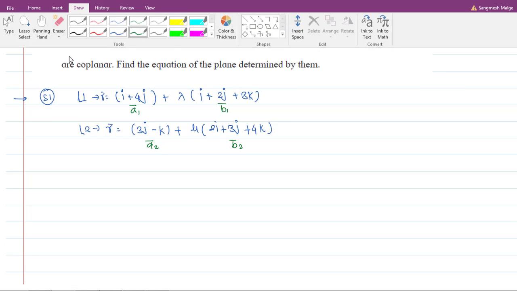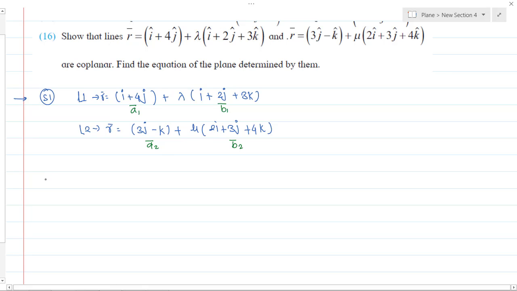Now, what is the condition when the two lines are coplanar? It is very simple: a1 bar dot b1 bar cross b2 bar should equal a2 bar dot b1 bar cross b2 bar. If this condition is satisfied, then only we say the two lines L1 and L2 are coplanar.